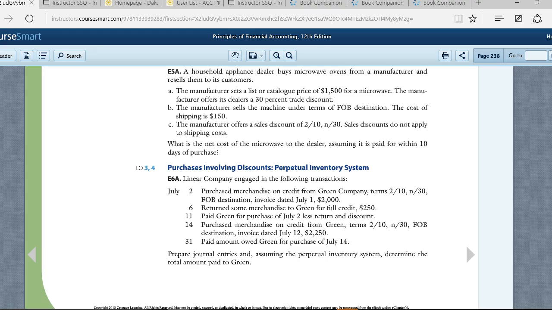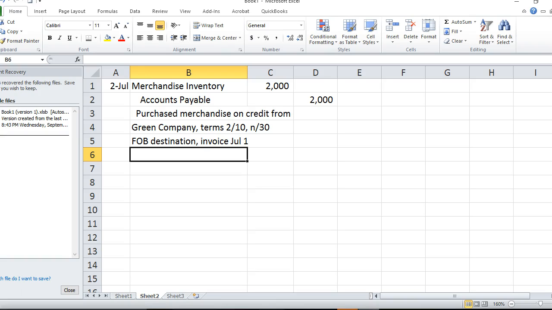Okay, the next one says, we returned some merchandise to Green for full credit for $250. So what's happening here? We didn't keep it all. Yes, merchandise inventory, what's going to happen? Payable. Goes, yes, perfect.